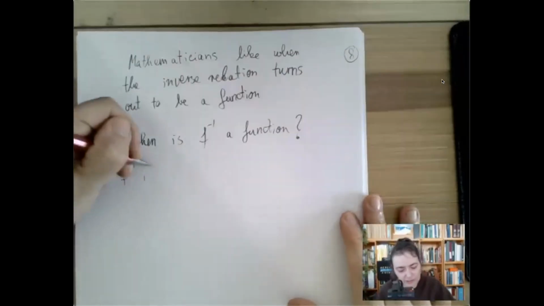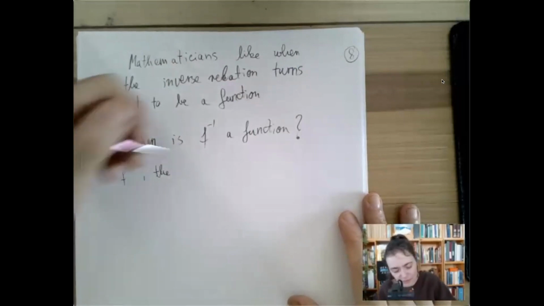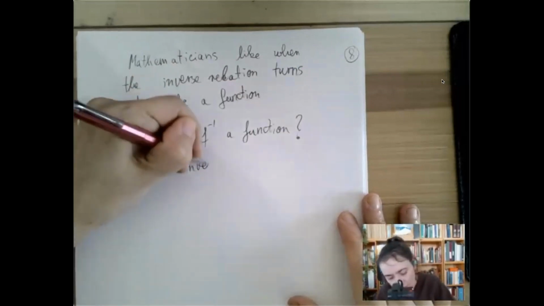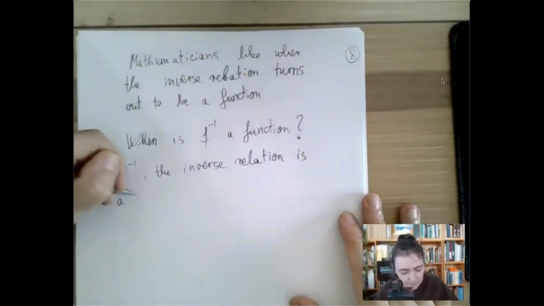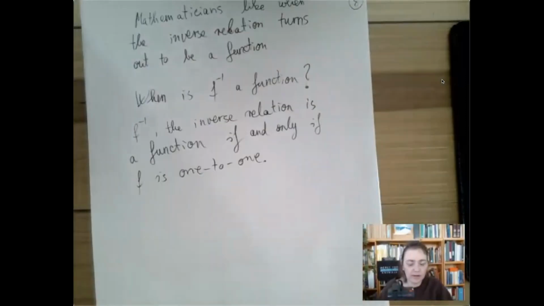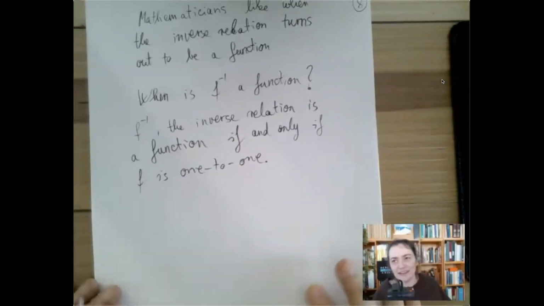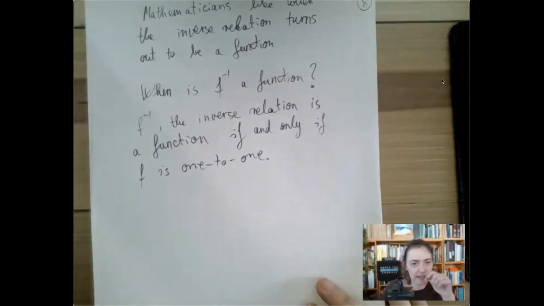F inverse. And when mathematicians write this down, they already think function. But I'm just going to say the inverse relation is a function if and only if f is one-to-one. Okay. There are going to be 3 things. I don't know how much I can squeeze into this class.